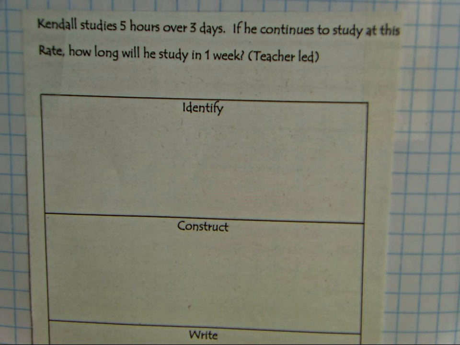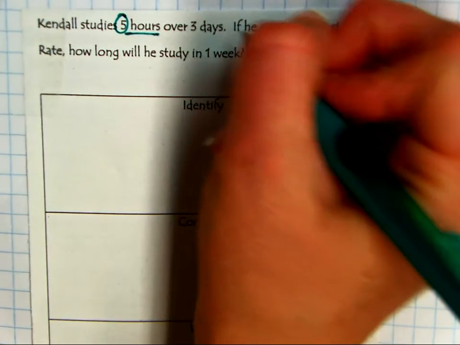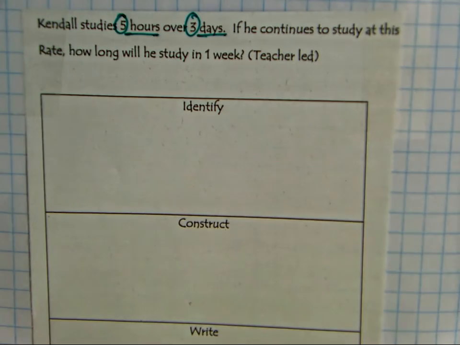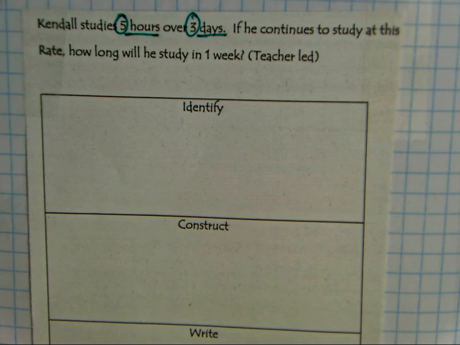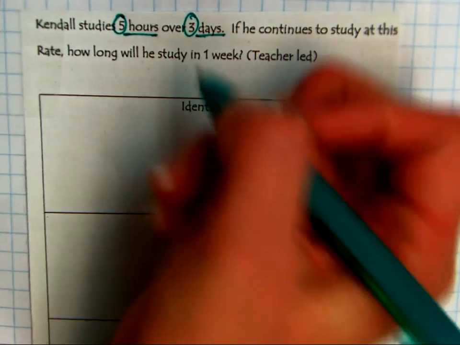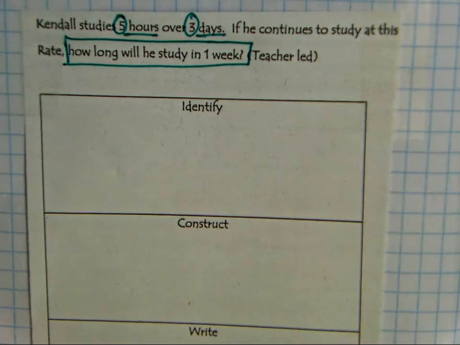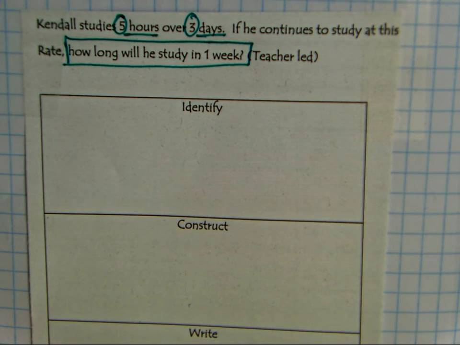Now, just to clarify, a rate is when we are comparing 2 units. In this problem, we're comparing Kendall's hours to the amount of days. So he studied 5 hours over 3 days. Now, we want to know, if he continues to study at this rate, how long will he have studied in 1 week?